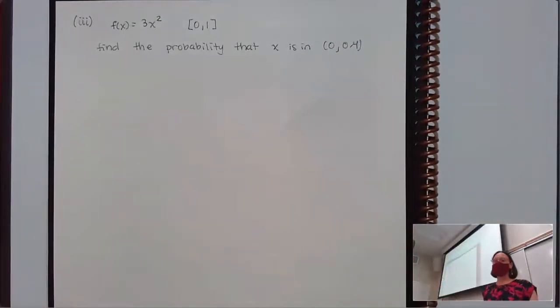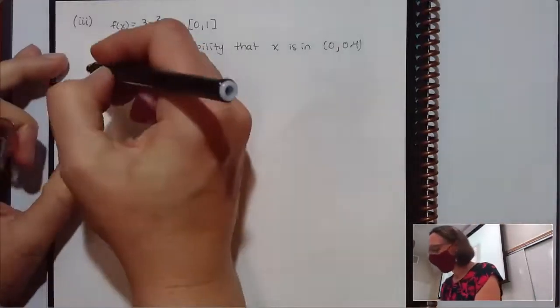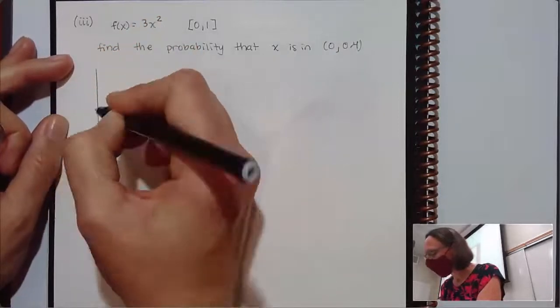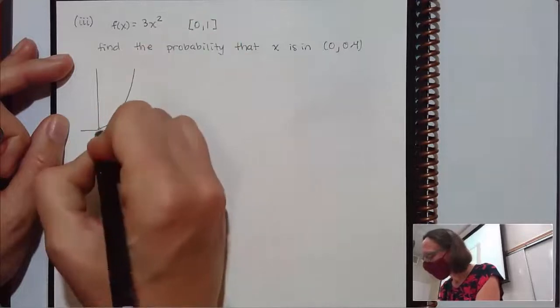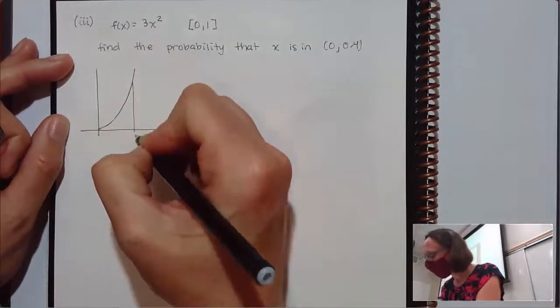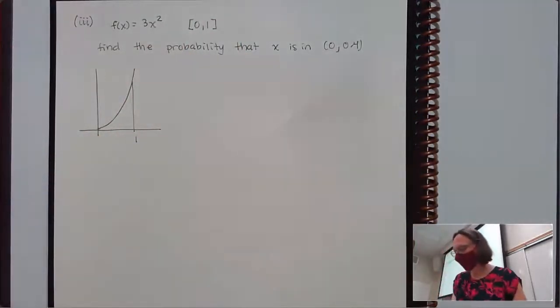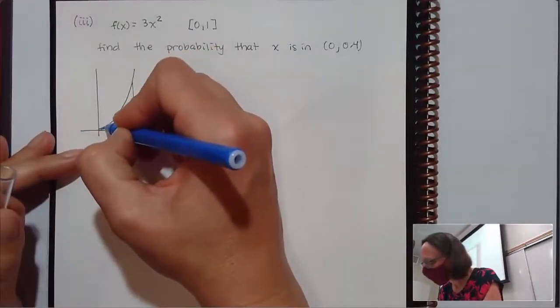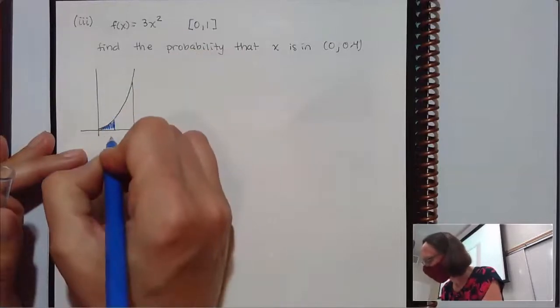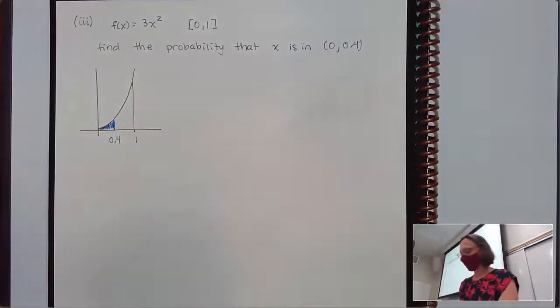When we're talking about a continuous distribution, probability is represented by the area under the curve. So this question is the same as asking us if we have this function 3 times x squared on 0 to 1, this probability is saying what's the area between 0 and 0.4.